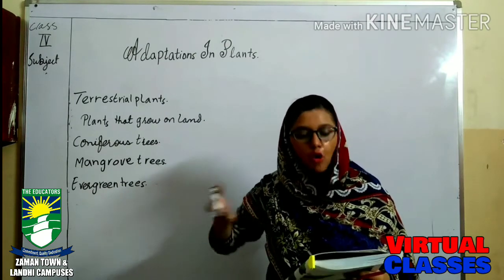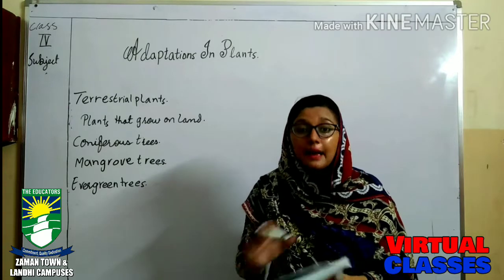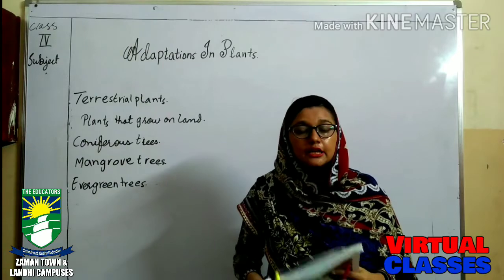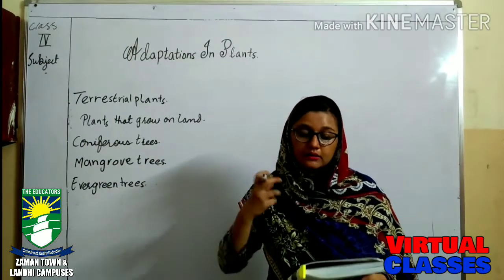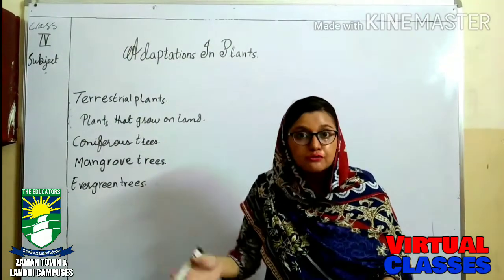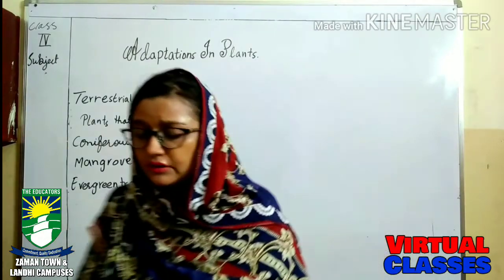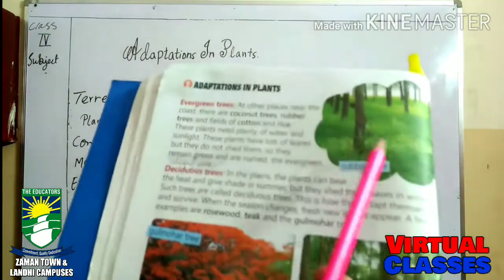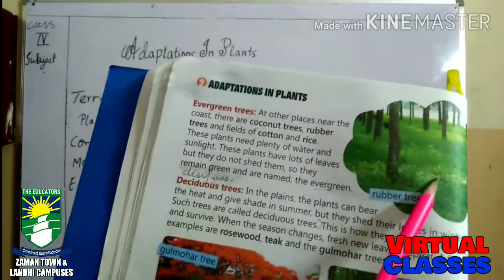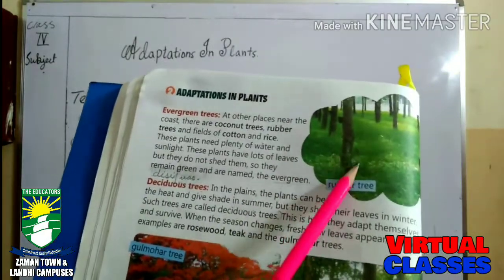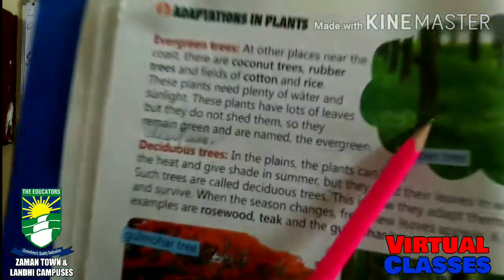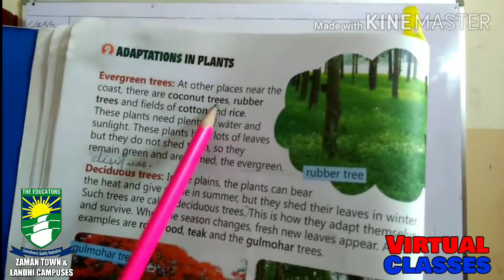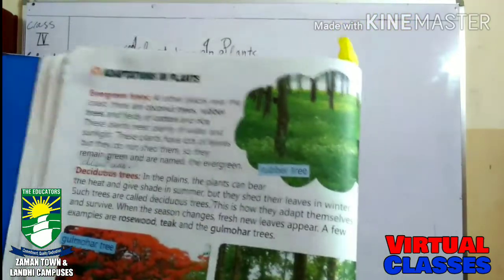These plants have lots of leaves, but they don't shed them, so they remain green and are named evergreen. You have to know why they are evergreen. You can see in the picture as well, so you can easily get what's going on. There are coconut trees, rubber trees, and so on.